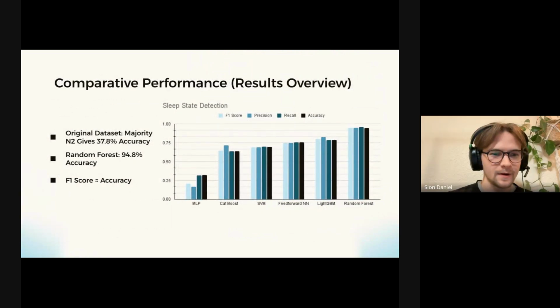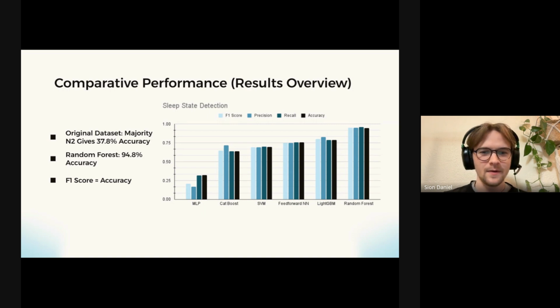To provide some context for our performance, the original data set without any modeling done, predicting only the majority class, which was the N2 state, yielded an accuracy of roughly 38%. As shown in the chart, Random Forest emerged as the top performer with both an accuracy and F1 score of roughly 95%, showcasing its ability to balance both precision and recall.